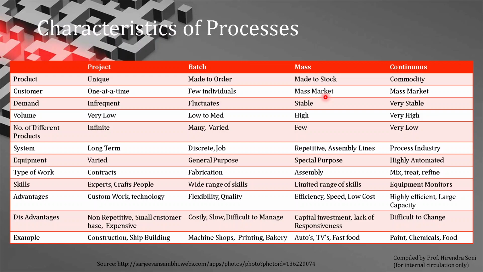At times, since the manufacturing process would be much faster, you will be manufacturing and stocking it. Depending upon requirements, the stock would be moved around. Demand is quite stable in nature. Volumes manufactured are higher. Number of different products is few. It is very much repetitive in nature and basically uses assembly lines.